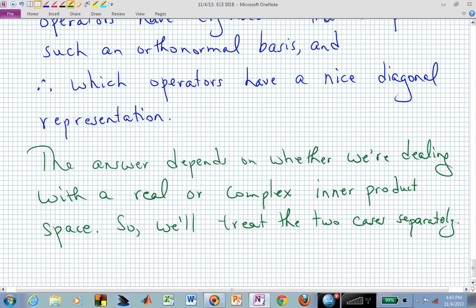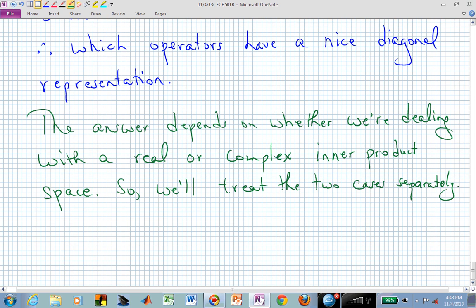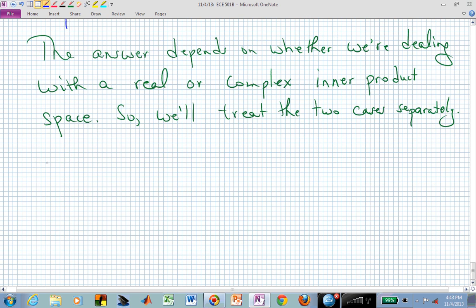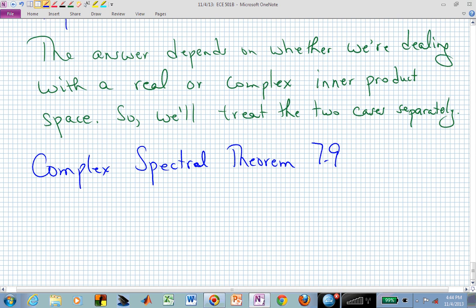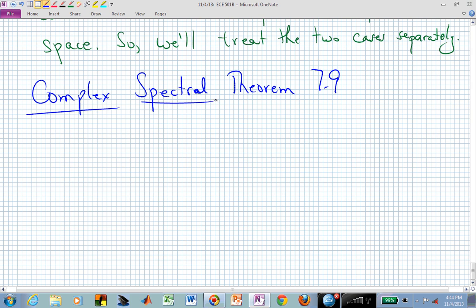So we'll look at those two different cases. One where we're living on a complex inner product space, and another when we're dealing with a real inner product space. And the complex inner product space is actually a little cleaner, so let's look at that one first. So here is the complex spectral theorem. And that's number 7.9 in the textbook.